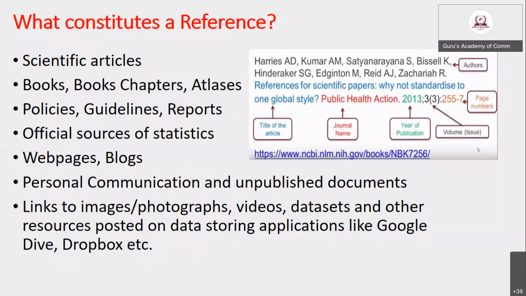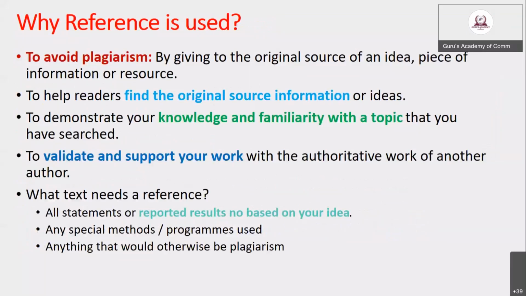And why are references used? A very important point: you avoid plagiarism if you use the original source of data and information, if the thought is original and your data is not plagiarized. So it is a very simple idea for avoiding plagiarism.